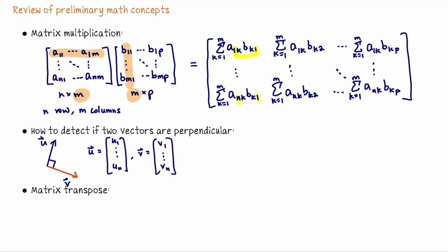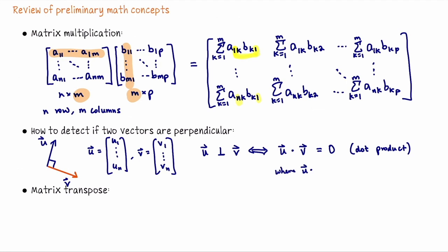We have a really nice test for when two vectors are perpendicular. We say that u is perpendicular to v exactly when what we call their dot product is 0. If you've seen that before, great. If you haven't, let me define it for you.